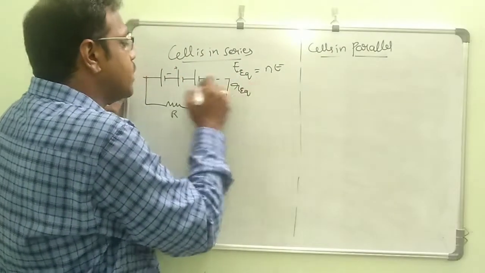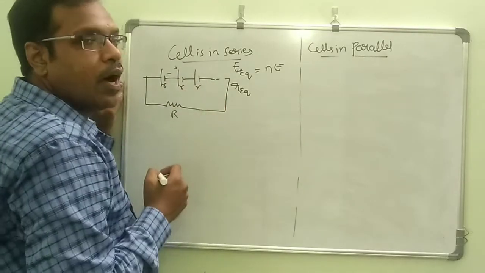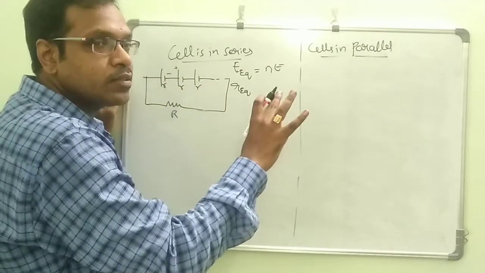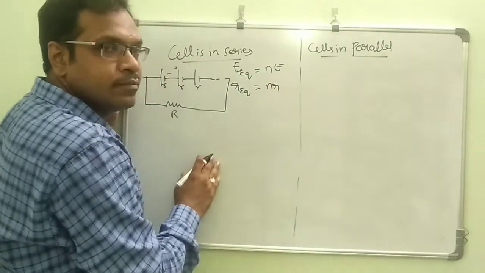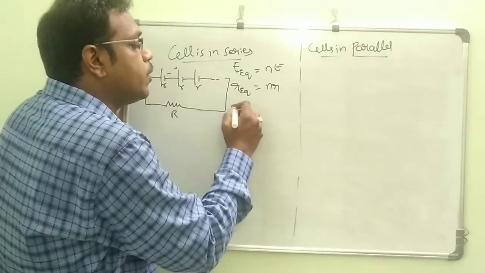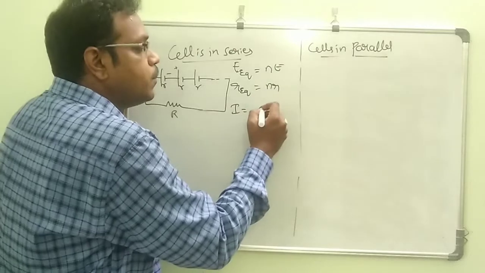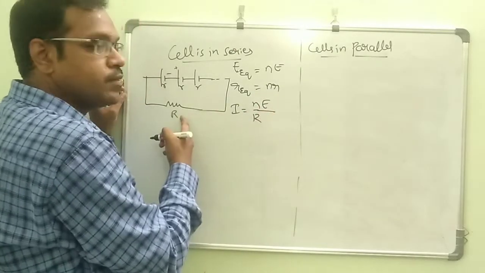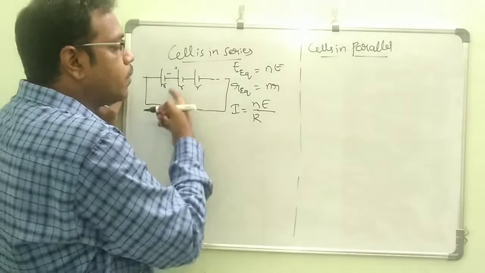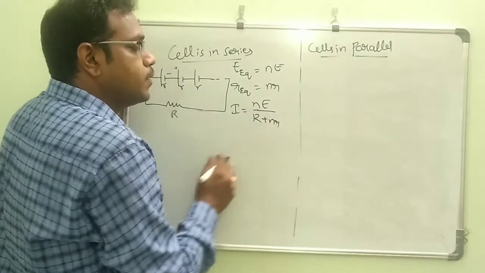Because every cell has equal internal resistance r, you will get nr. So how much current will go in this? nE by R plus nr, since it is series.